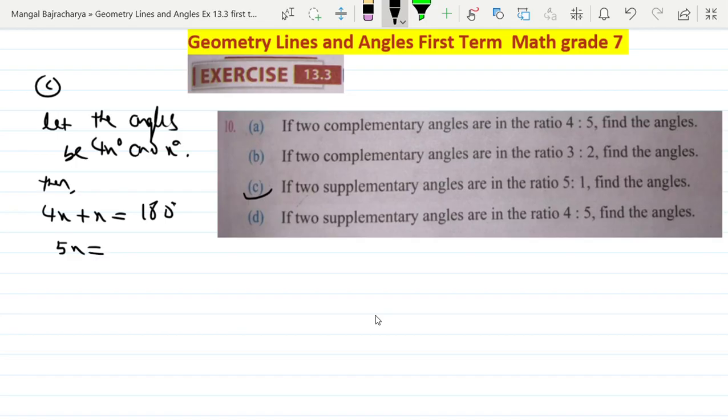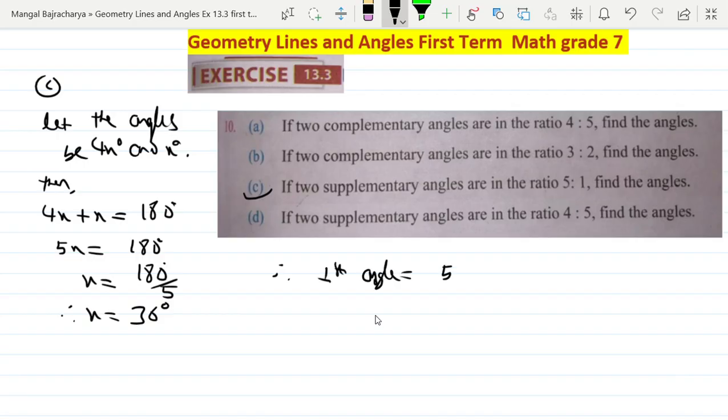So this will give you, 5 goes down for dividing, x equals, 5 3s are 15, 3 0 30, 5 6s are 30. So the value of x is 36 degrees. So we found the value of x, 36 degrees. Therefore the first angle is 5x, so that's 5 into 36 degrees. 5 6s are 30, 5 3s are 15, 15 3.